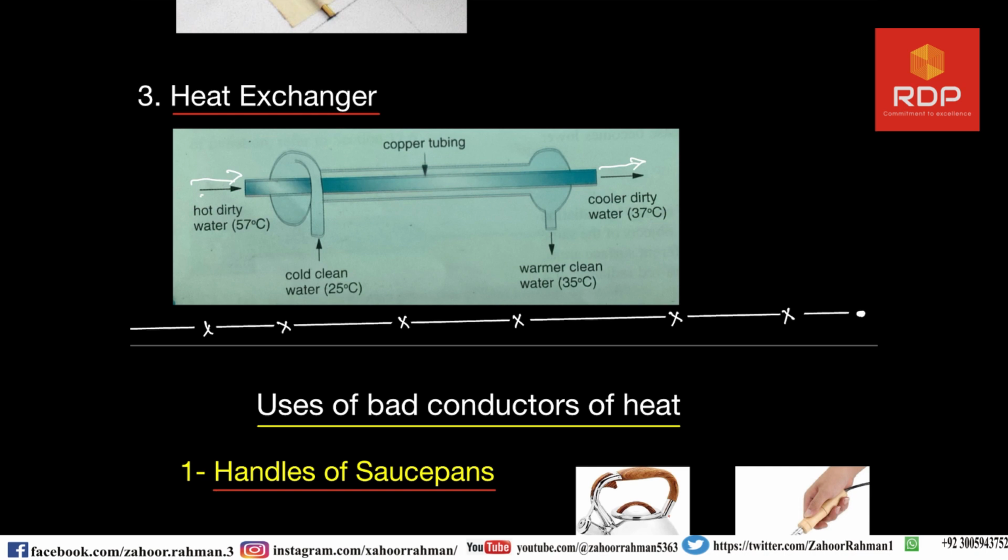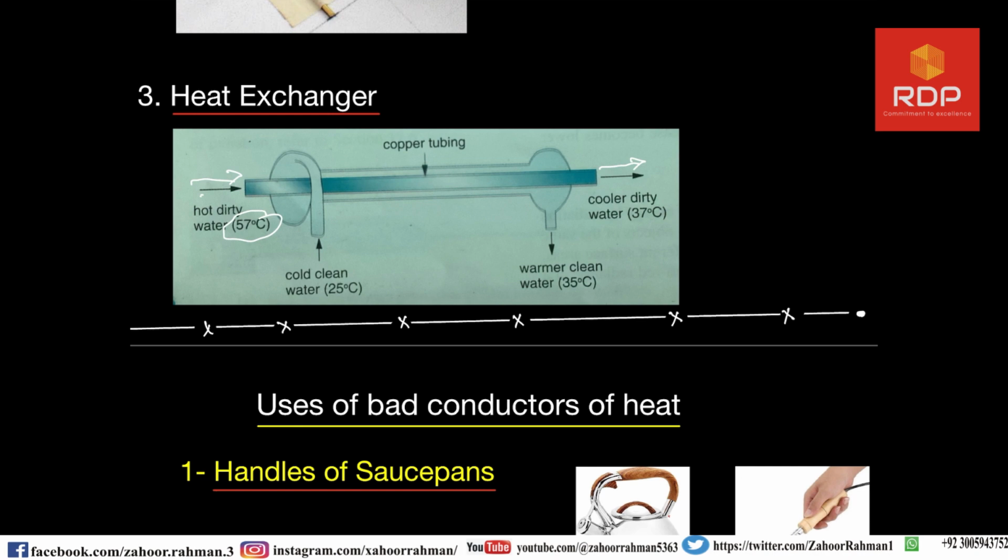When this hot dirty water is entering this tube, ladies and gentlemen, this is only one tube shown in this figure, but there are many tubes in the heat exchanger.